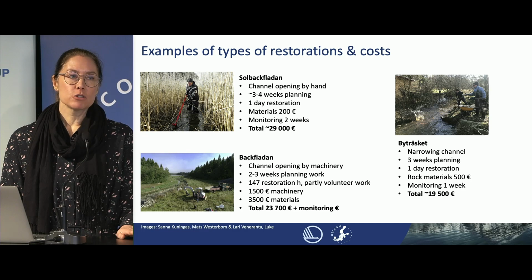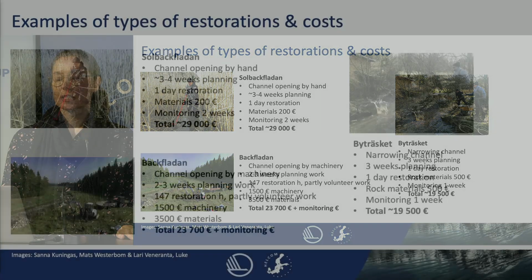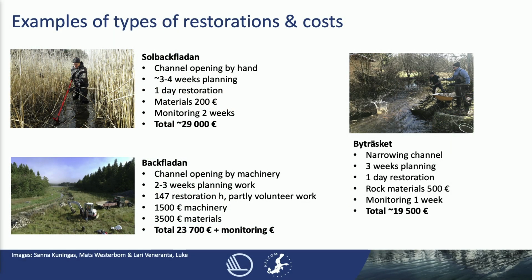So then, just to give you some examples of the types of restorations and also the costs related to these restoration processes. On the left-hand side, you have two images of channel openings, which are related to eutrophication and the reed belts growing really fast.